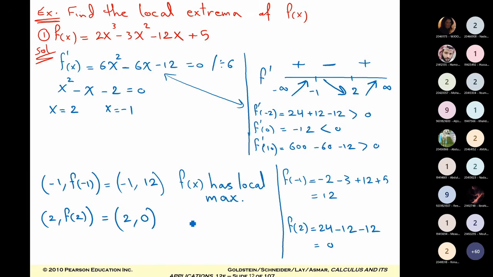So at 2 and 0, f of x has a local minimum. Good. We know the local maximum from the direction: up and down, this is maximum, but down change to up, this is minimum. Okay, any question?